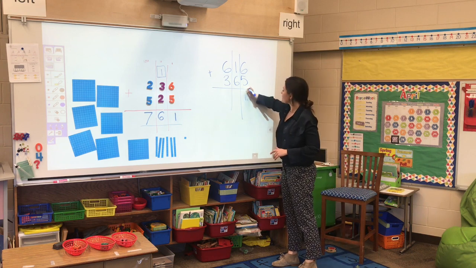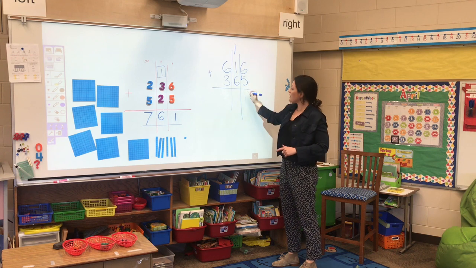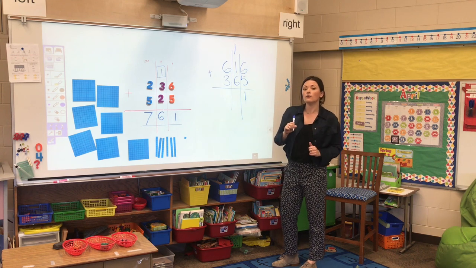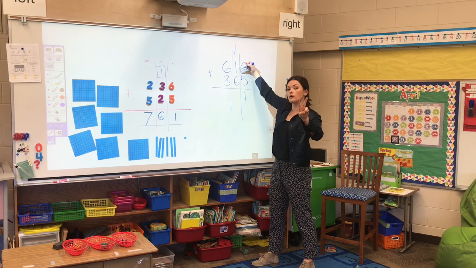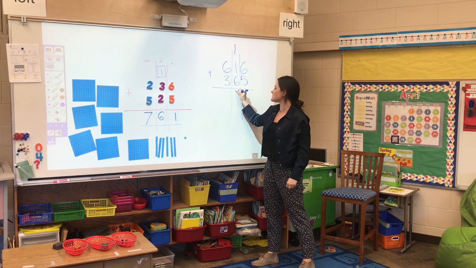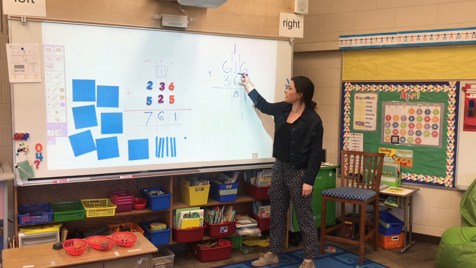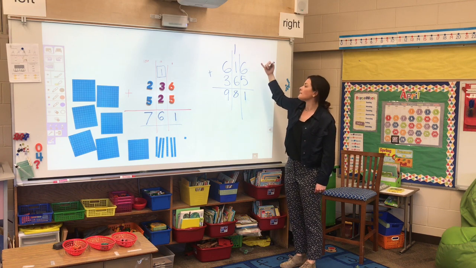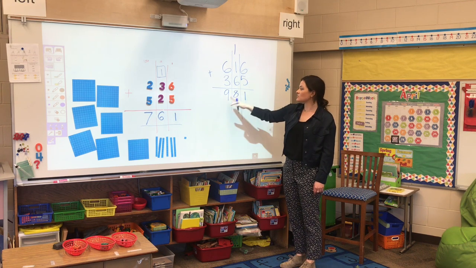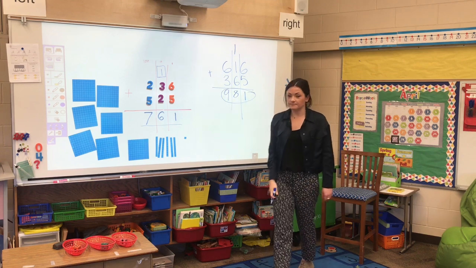So we know with the number 11, the 1 is going to have to be carried to the top, the other one stays below. Then we add 1 plus 1 equals 2, plus 6 equals 8. And then we have to add our hundreds place, 6 plus 3 equals 9. 616 plus 365 equals 981. That will be your answer.